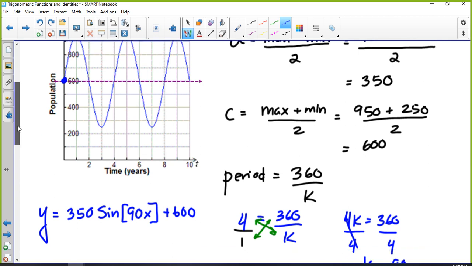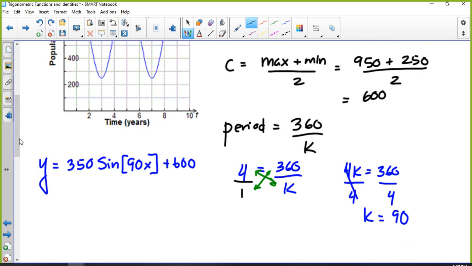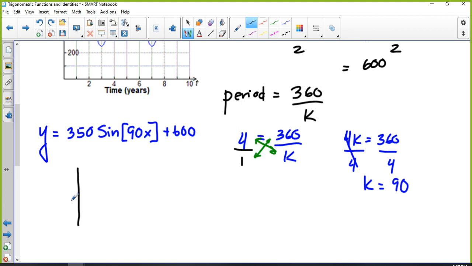Now we could also use a cosine function to model this. The cosine function starts at its maximum, decreases down to its mean value, decreases to its minimum, increases again, and back up to its maximum. It starts at its maximum and then decreases.